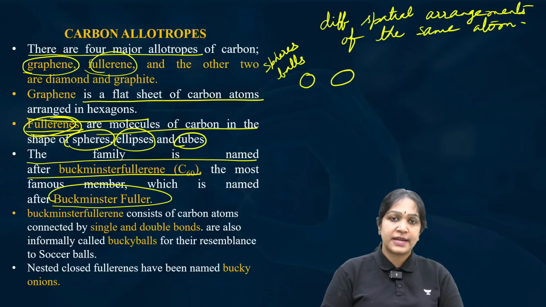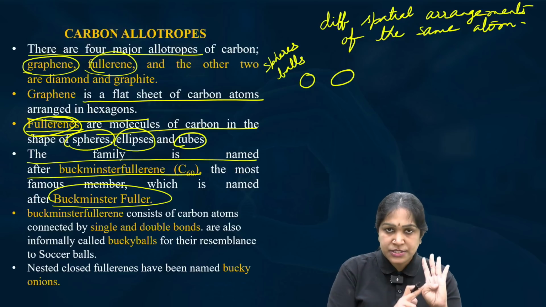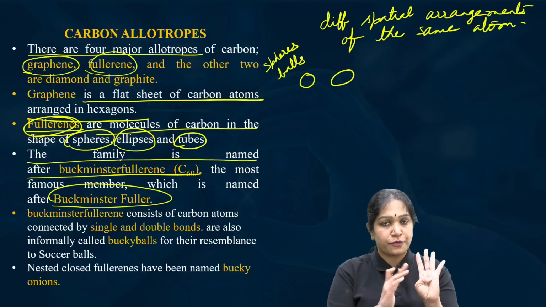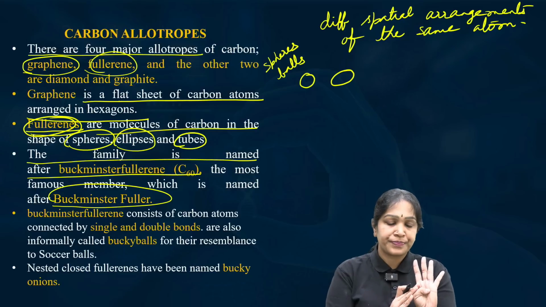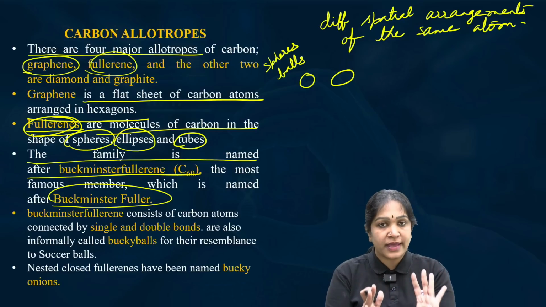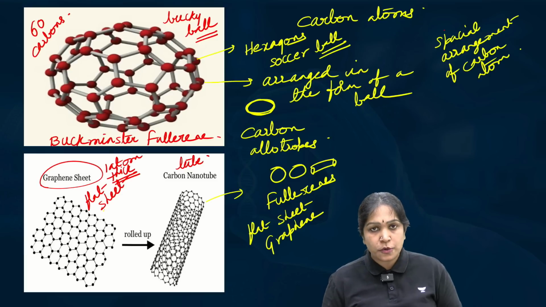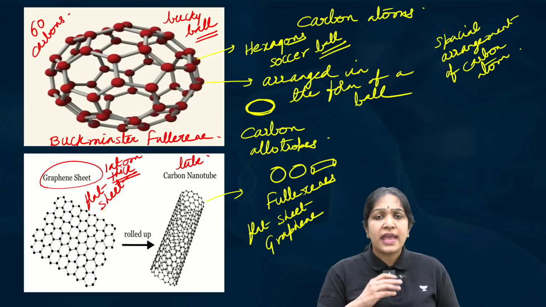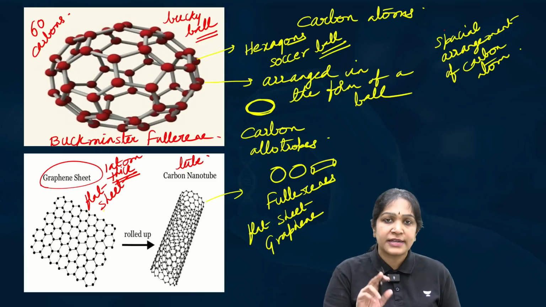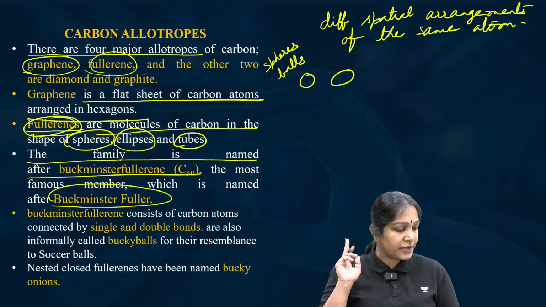Buckminster Fuller identified this, so therefore it is called Buckminster fullerene. This is the first compound in the fullerenes category, therefore the category is called fullerenes. In the fullerenes category, these balls, ellipses, tubes, all of them will come. I mean every shape other than the flat sheet can be called fullerenes.